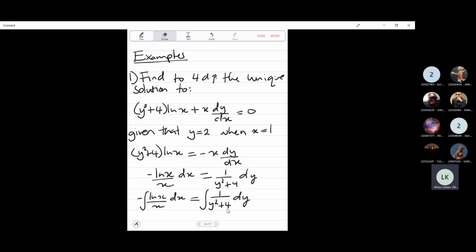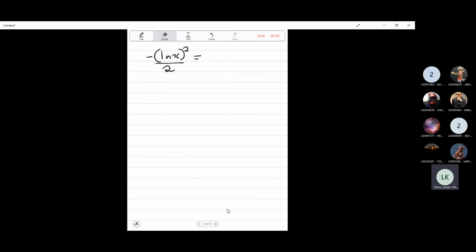So I factor out the 4, then I have y over 2 squared plus 1 dy, and then in the numerator I need a half, which is the derivative of that one.